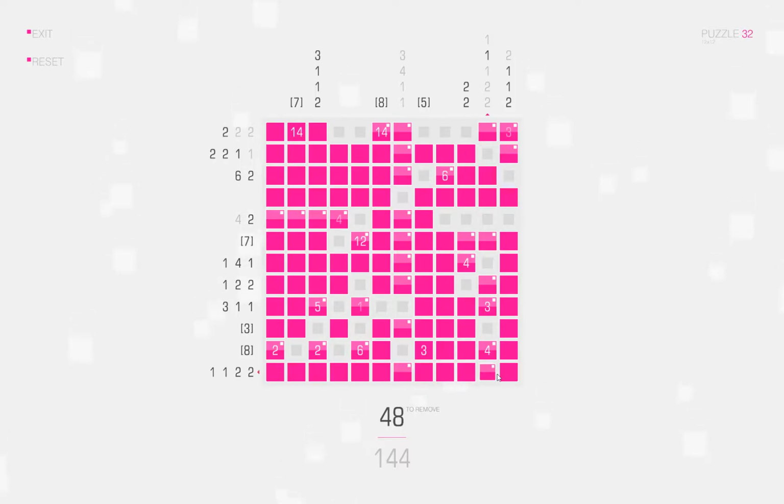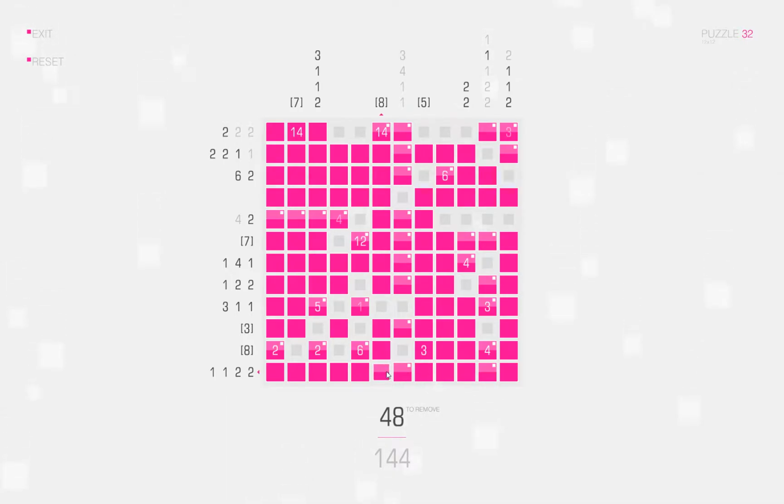Look at this line. It says 1, 1, 2, 2. There could not go a 2 in between these. So this has to be the last 2. It's these 2 or these 2, and this has to be the first of the 2. It goes there or there.